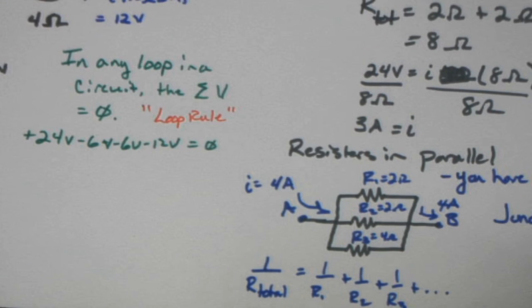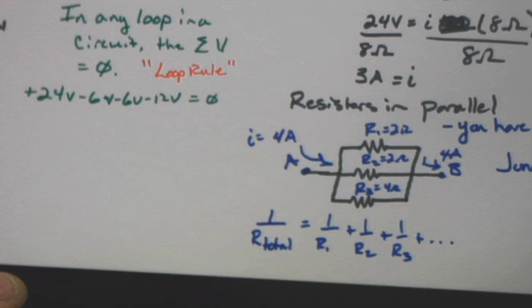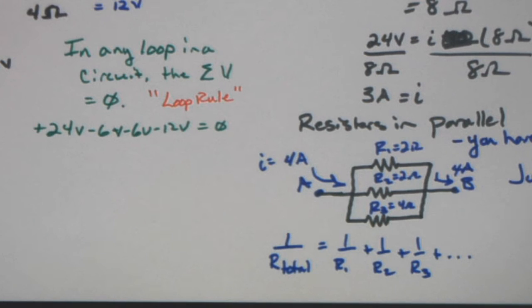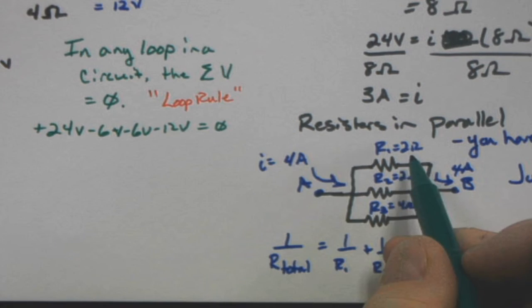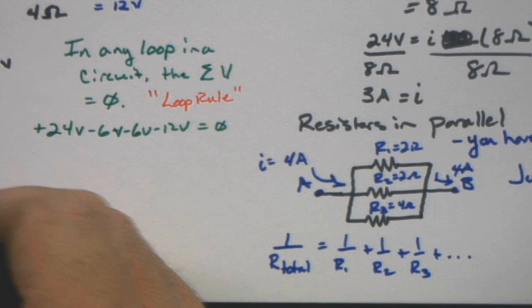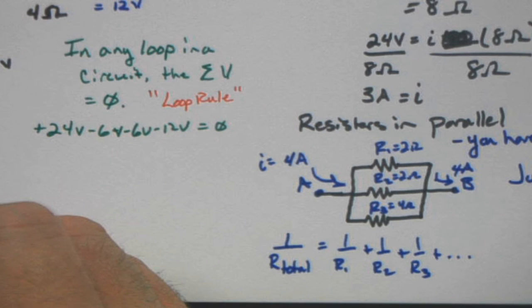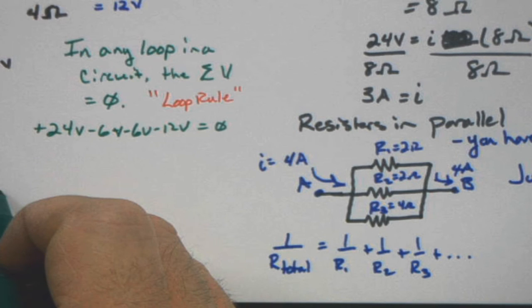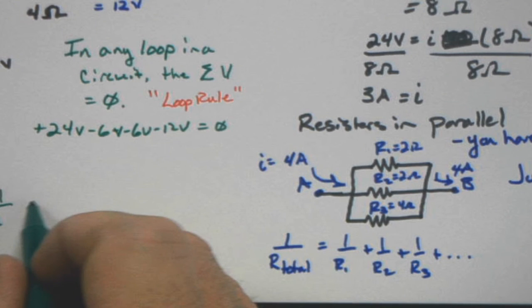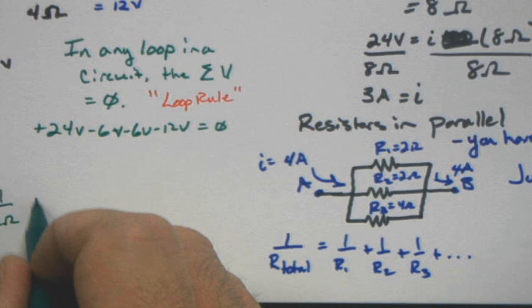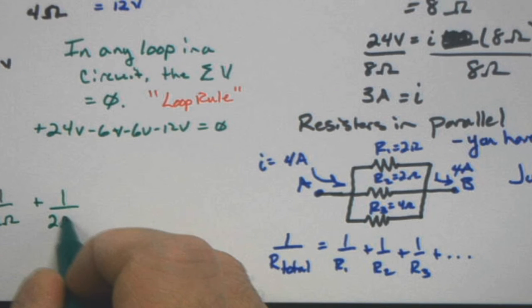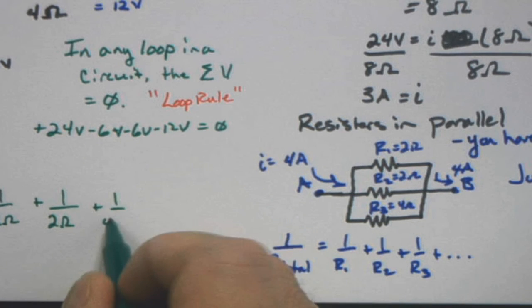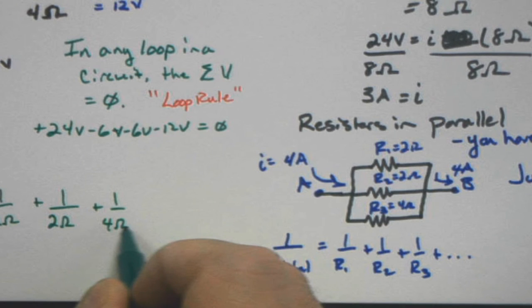So what this looks like is: 1 over our total equals 1 over 2 ohms plus 1 over 2 ohms plus 1 over 4 ohms.